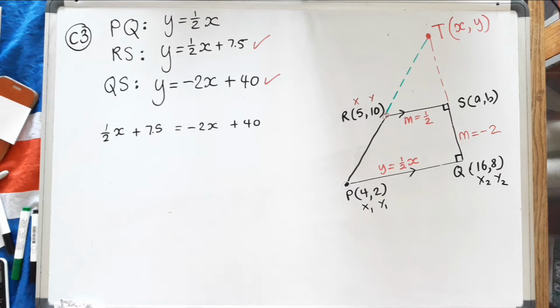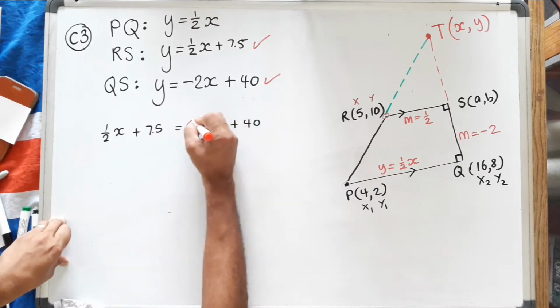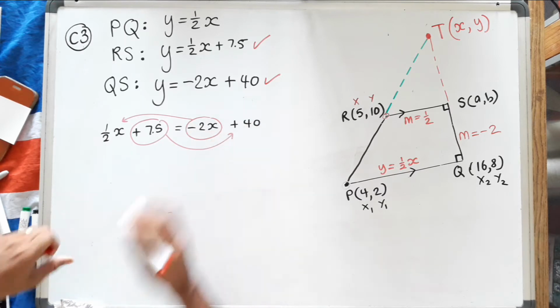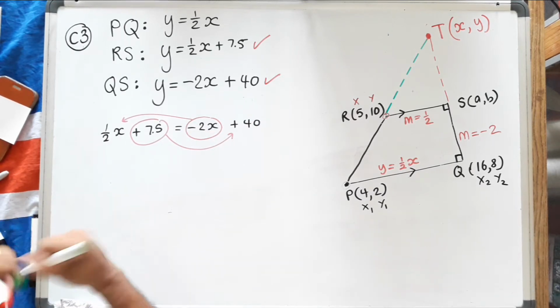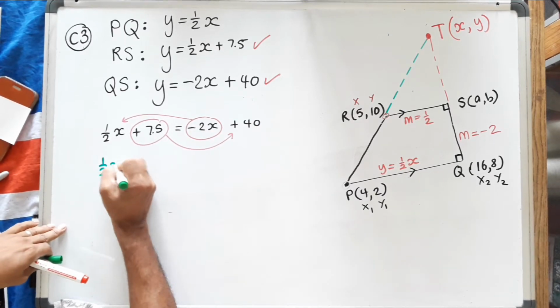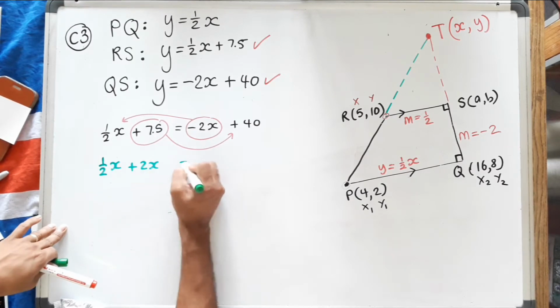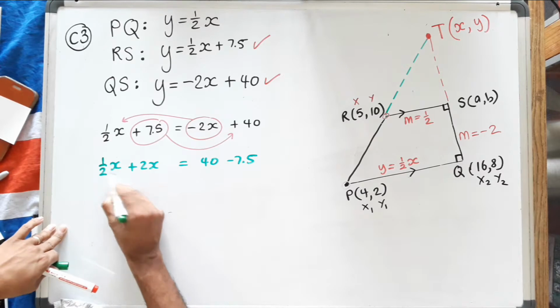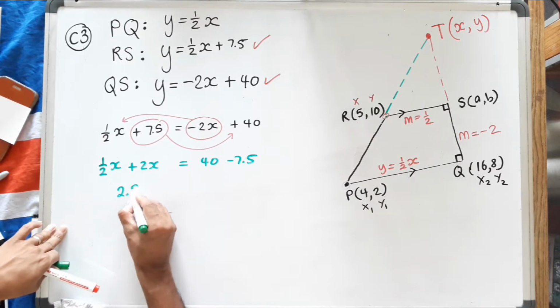Let's solve for x. Throw across all the x's on one side, all the non-x's on the other side. See what this looks like. Get a half x plus 2x is equal to 40 minus 7.5. A half x plus 2x is 2.5x.